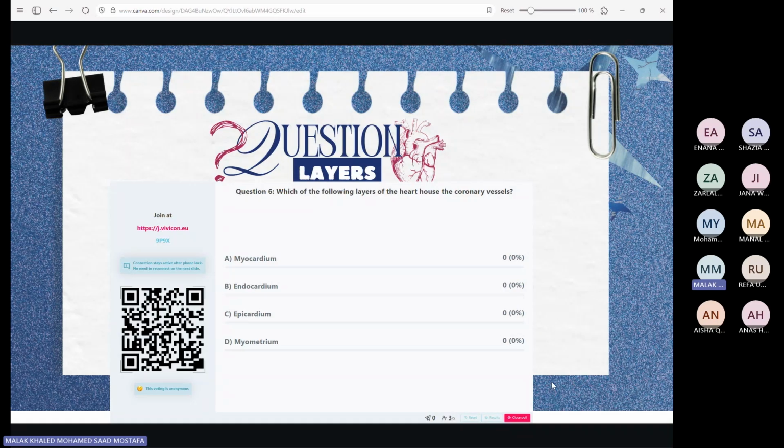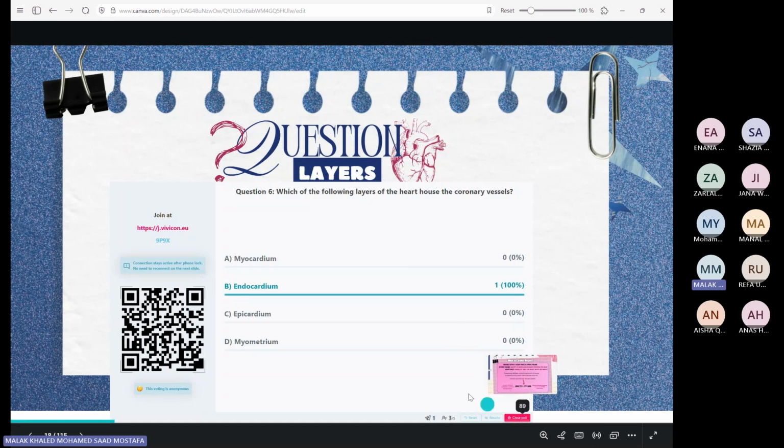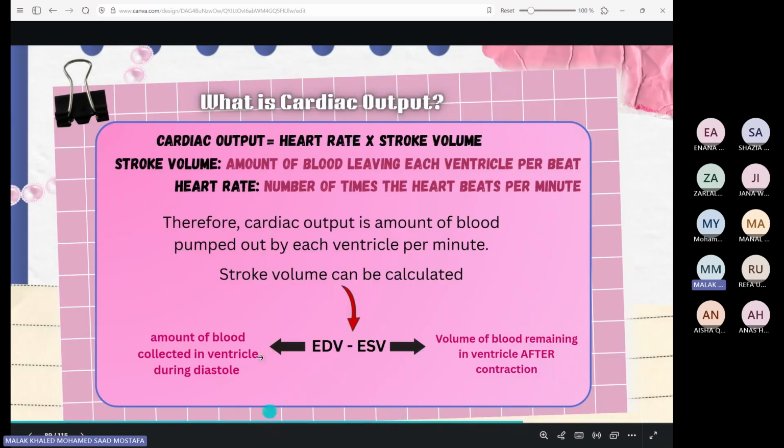So you might pick myocardium thinking that it's the right answer, but it is not. The right answer here is the epicardium.